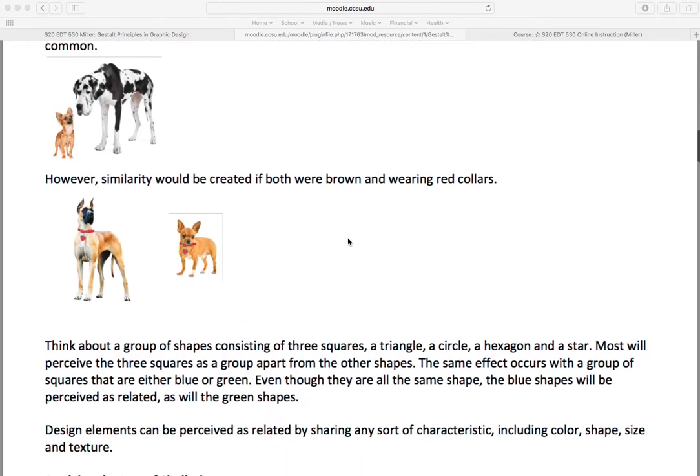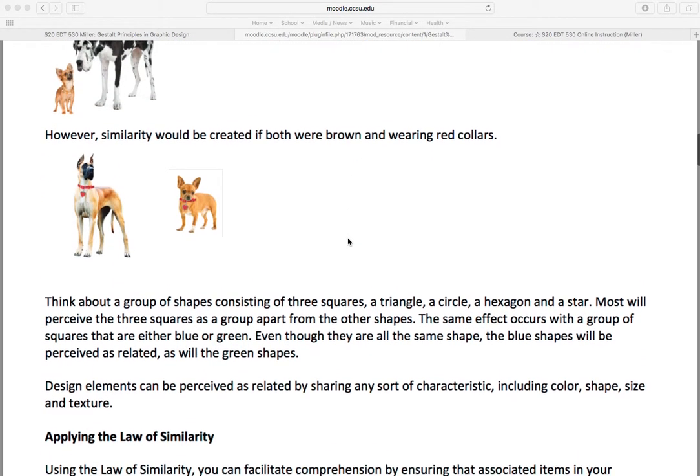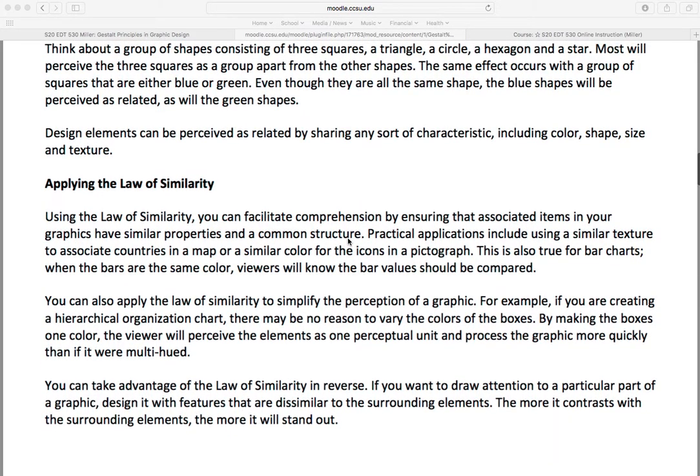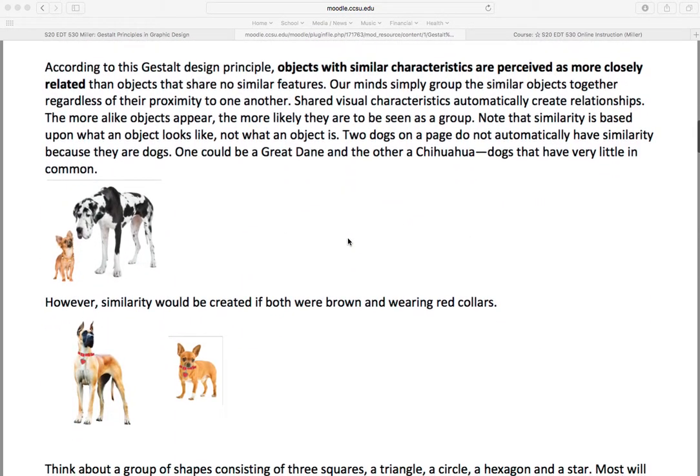So if you want your viewer to look at a bunch of things and draw that information from them, then make sure, they give the example of the dogs here.